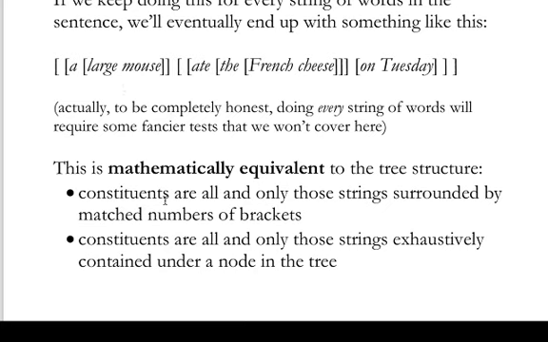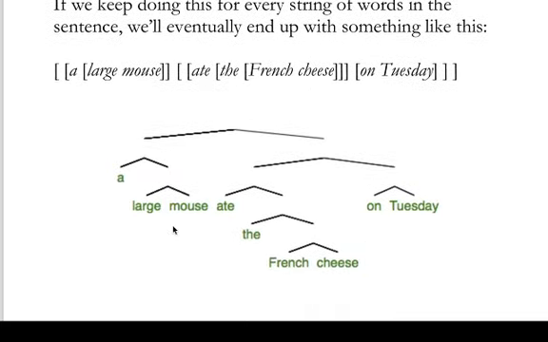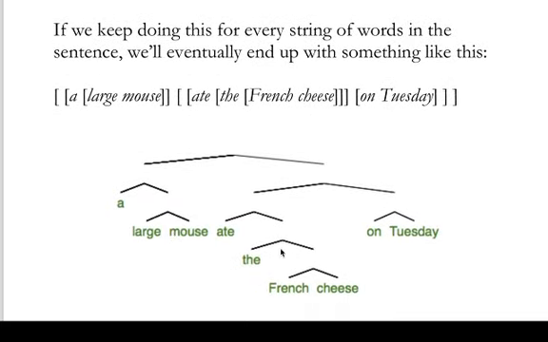And so you just need to transform that into a visual representation where constituents are all and only those strings exhaustively contained under some node in the tree. For those of you who have some syntactic theory, those are technical terms, but visually it's very easy to understand what this means. Here is the tree notation of this bracketing structure.